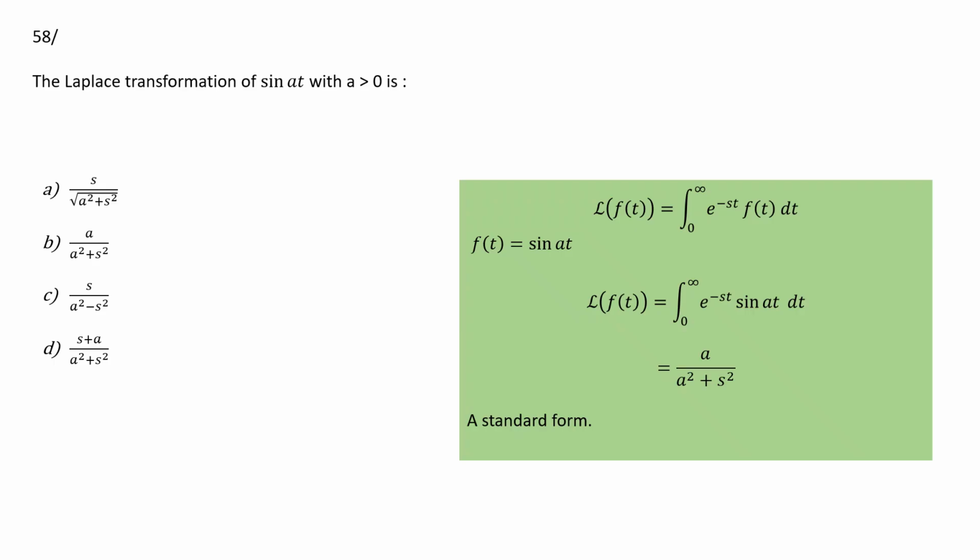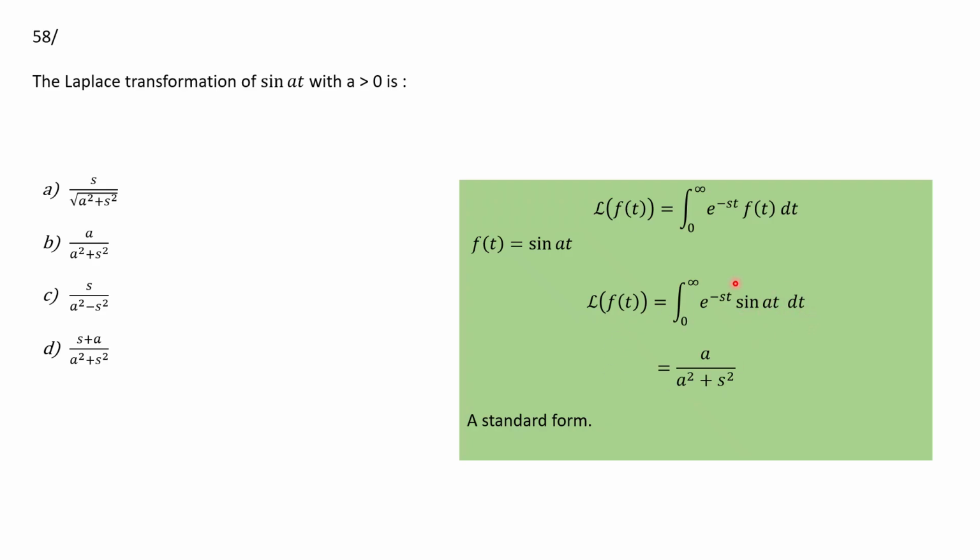Then the Laplace transformation of sin at with a is greater than 0 is. तो जो लैपलेस ट्रांसफॉर्मेशन होती है उसका जो फॉर्म होता है वो होता है बेसिकली L f(t) इक्वल्स इंटीग्रेशन ओवर 0 to infinity e to the power minus st f(t) dt और हमारे पास यहाँ पे f(t) जो है वो फंक्शन क्या गिवन है, sin at. Okay, and that's why Laplace transformation of f(t) will be equal to integration over 0 to infinity e to the power minus st sin at dt.